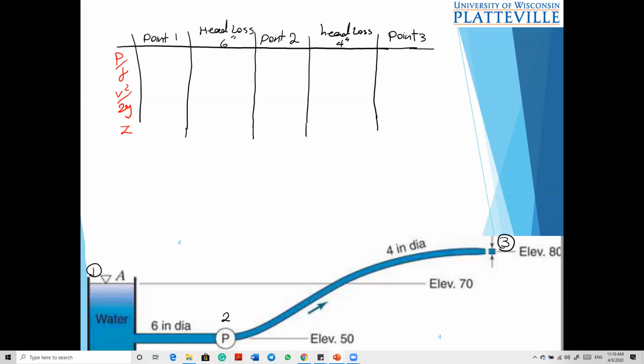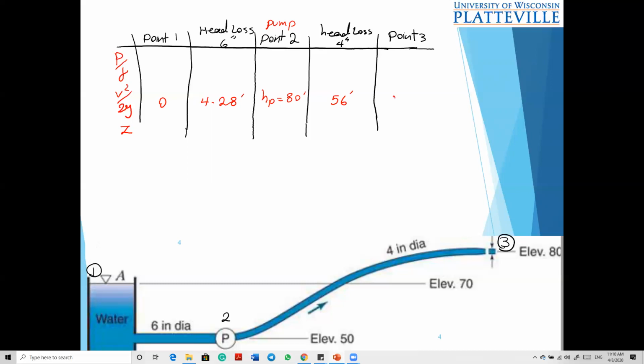For the pump, we know the head for the pump is 80 feet. We know the head loss in the 6-inch diameter is 4.28 feet, and we know the head loss in the 4-inch diameter is 56 feet. For the velocity head at point 1, because it's a large surface, velocity is 0.